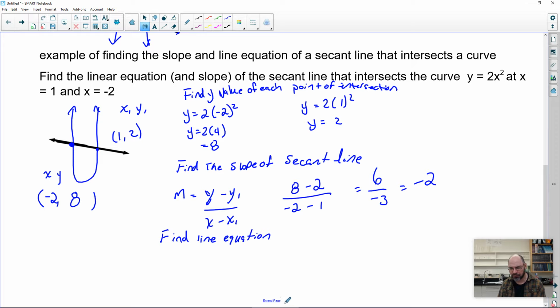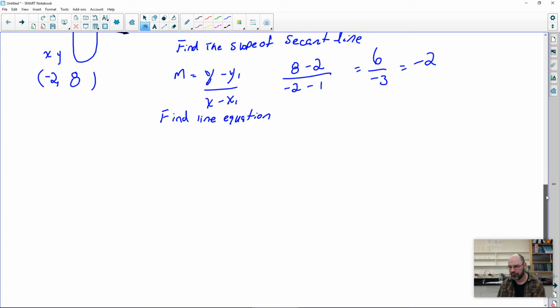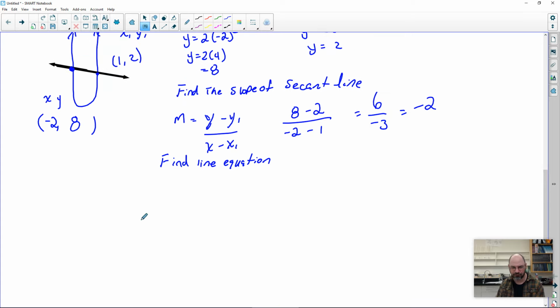We're going to write this in line form, where the slope equation says m times x minus x1 equals y minus y1. You can choose either of the points. I'm going to choose the point negative 2 and 8.